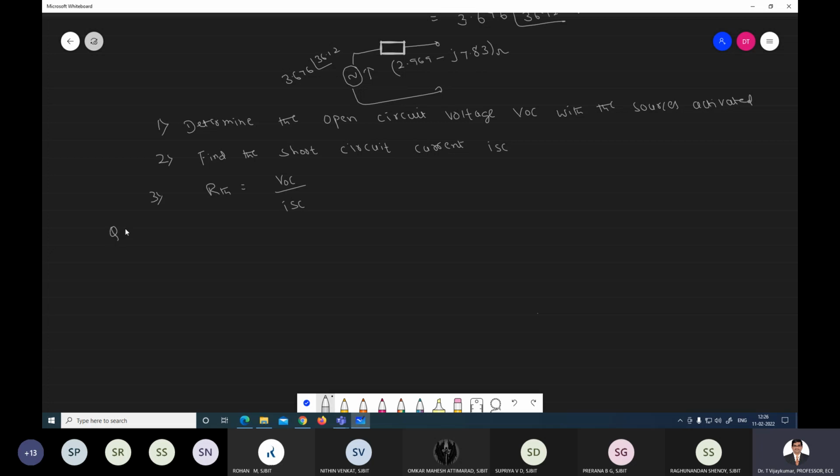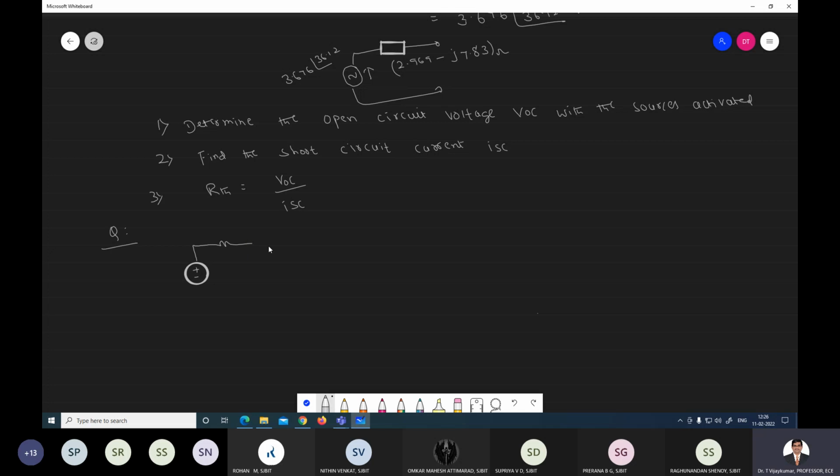To understand this, note down one problem. Find the Thevenin equivalent for the circuit shown in the figure, with respect to terminals AB. This is your positive, negative.